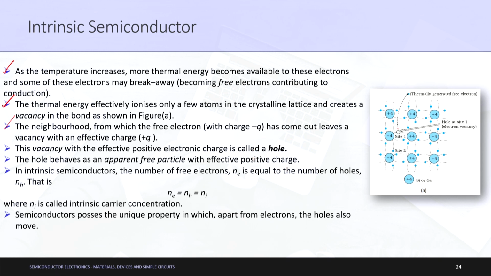So what happens is that there was an electron residing in the covalent bond. Now, due to the thermal excitation of energy, this electron was removed from that covalent bond. After its removal, that electron became a free electron, but that space from which it was ejected in the first place, so electron has a charge of minus q.